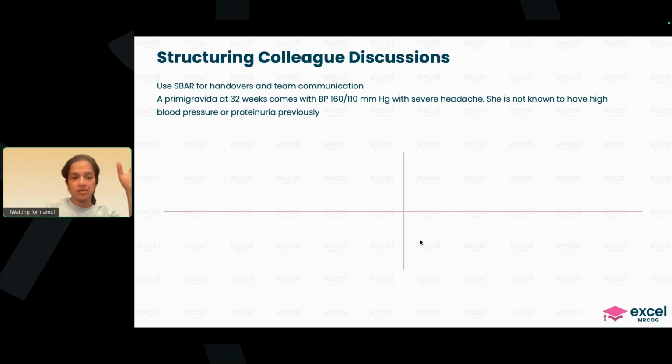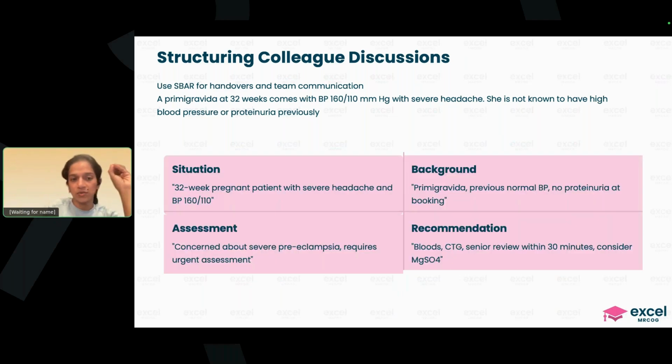Okay. Yes, you were right, but you don't have to say so much detail about the MDT and all those things. You just have to say that this is a 32-week patient who has come with severe hypertension and headache, background primigravida, previous normal blood pressure and no proteinuria. Assessment: concerned about preeclampsia, so history, examination, investigations.